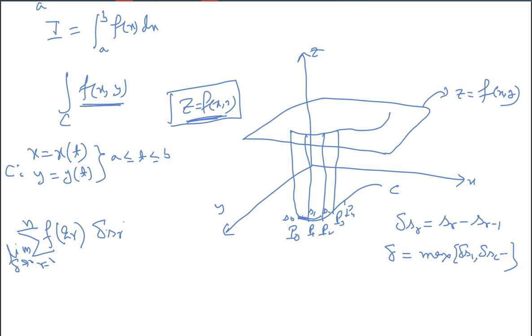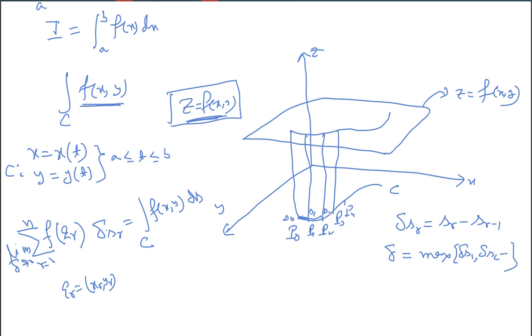This actually represents what? Xi is a point x_r, y_r, some point. So this will be the integration from a to b, integration over C along this curve C. The integrand is f of x y, integrating with respect to s, the arc length.